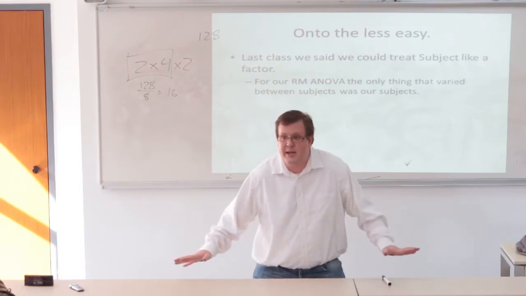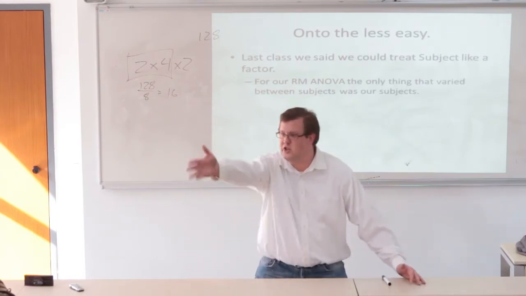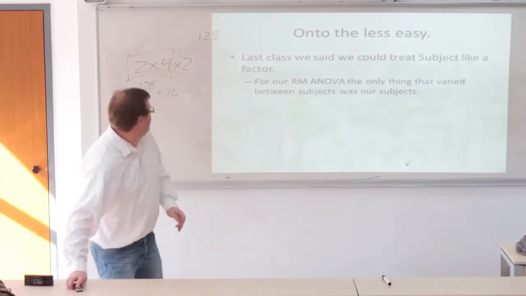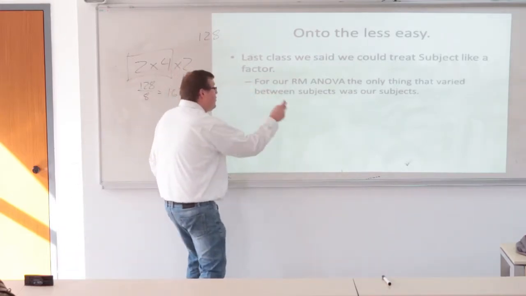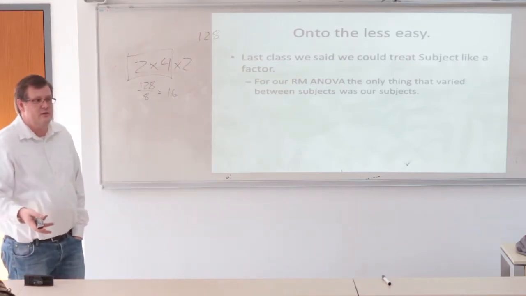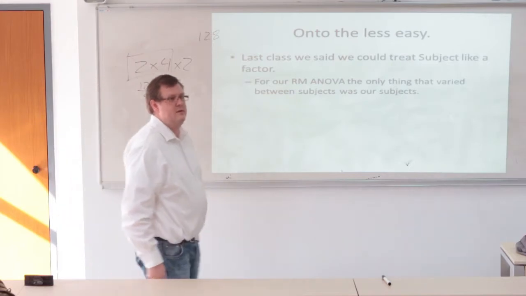What varies across subjects? The subjects do. I'm different, you're different, she's different, the other person's different, right? So that's what I said here. The only thing that varied between subjects was the subjects themselves. So varied means being different. Yes.